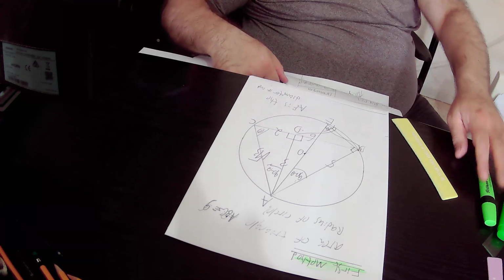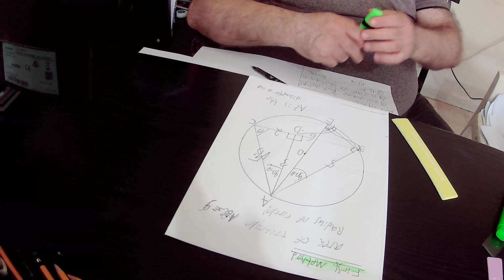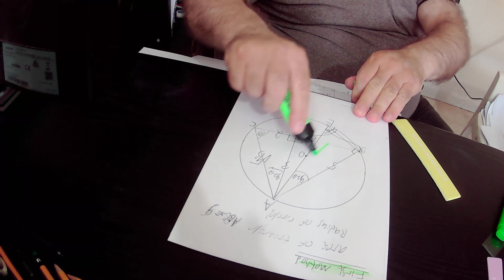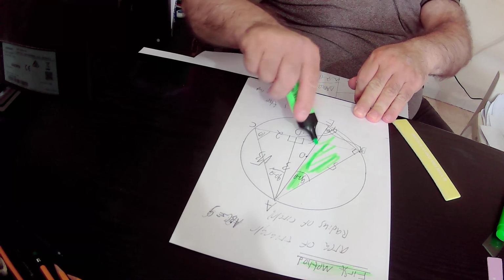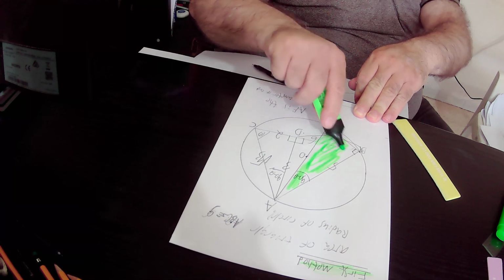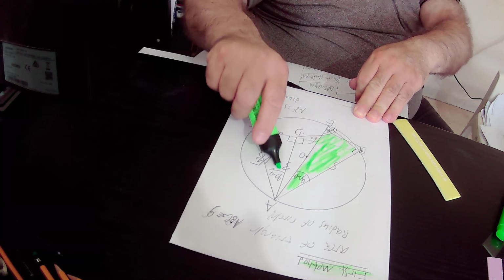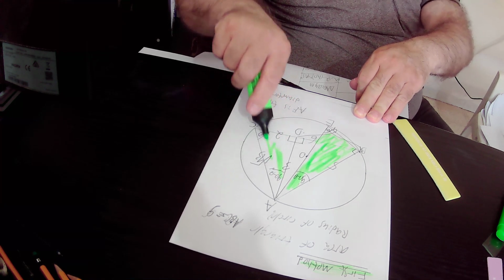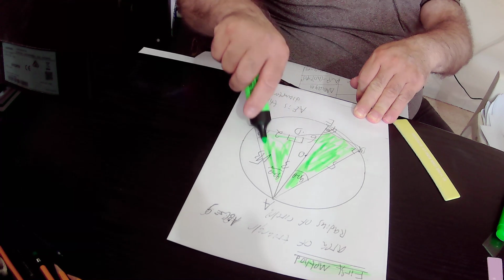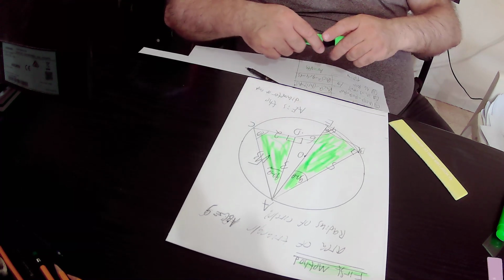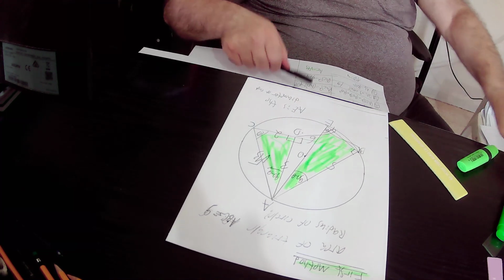So in the next step, we will prove that the right triangle ABE is similar to the right triangle ADC. So why are those two right green triangles similar to each other? So write it down.